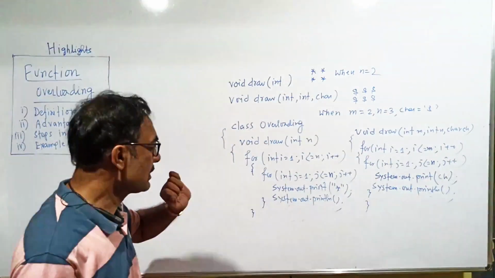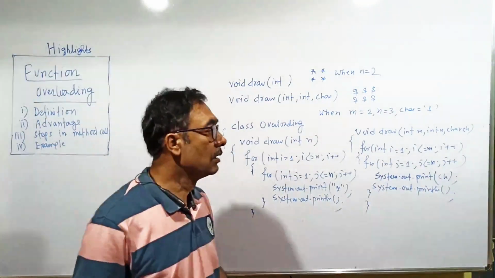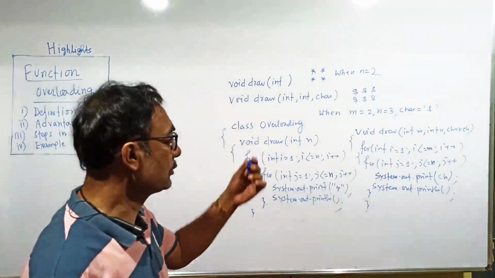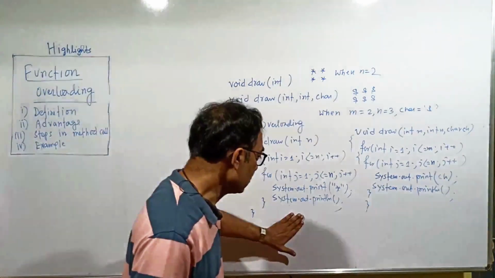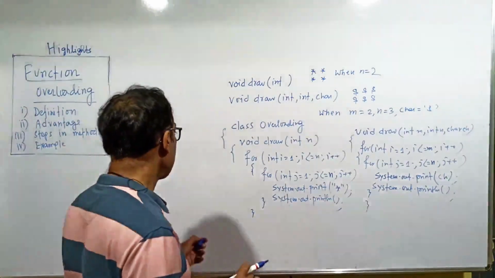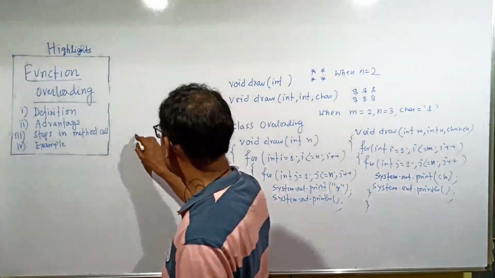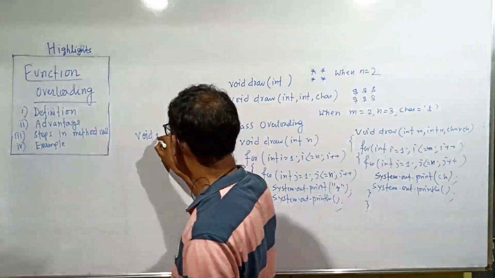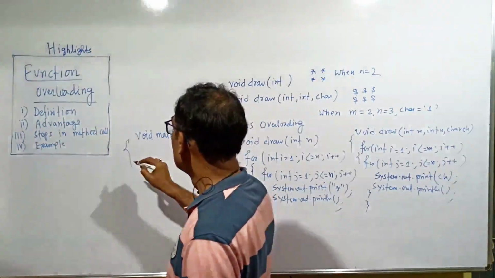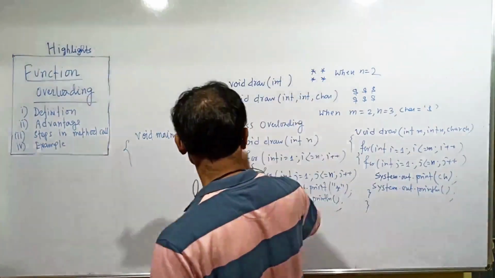Now you will have to execute this method with appropriate values so that you get this pattern. For that purpose, you can do it without creating the object also. So we can write the main method within the same class. So let's write the main method, void main. In the main method we can simply call the method to draw this pattern.